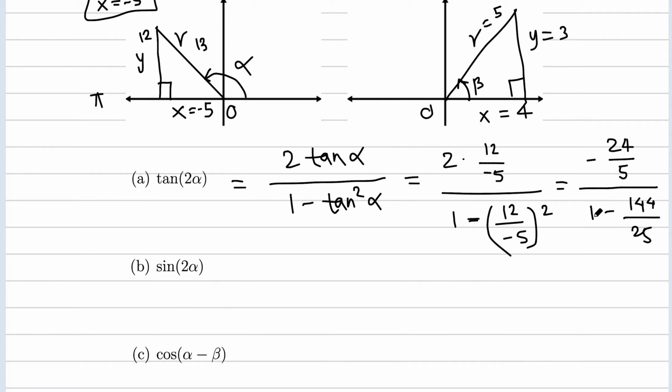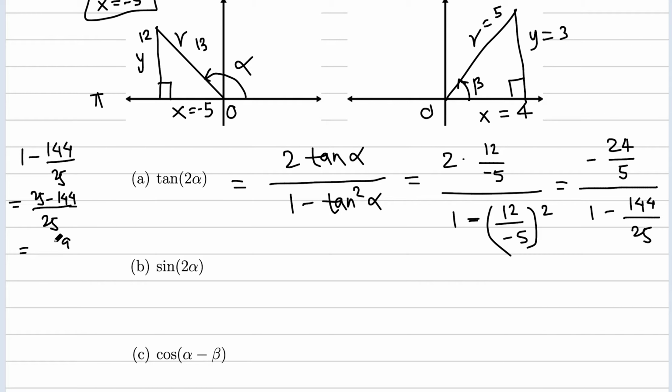Now we need to work here. 1 minus 144 over 25. So we multiply 1 by 25 over 25 so that we have a common denominator of 25. So 25 minus 144, and now we subtract. That's the 25. Okay, what is this now? Negative 119.